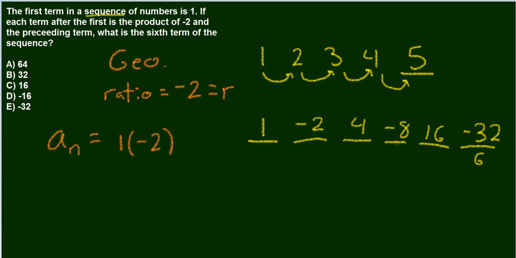But how many times are you multiplying by -2? Actually, you're going to do it 1 fewer than 6. You've done it 5 times, because 1, 2, 3, 4, 5 to get to the final one.